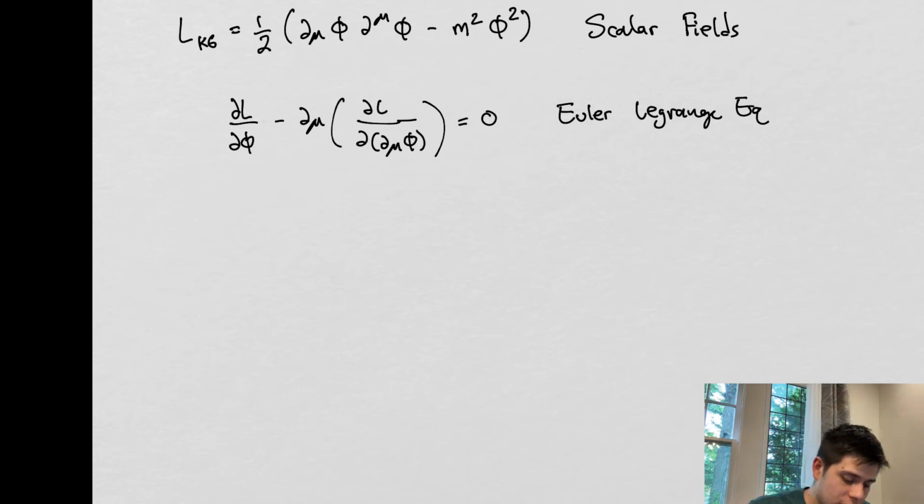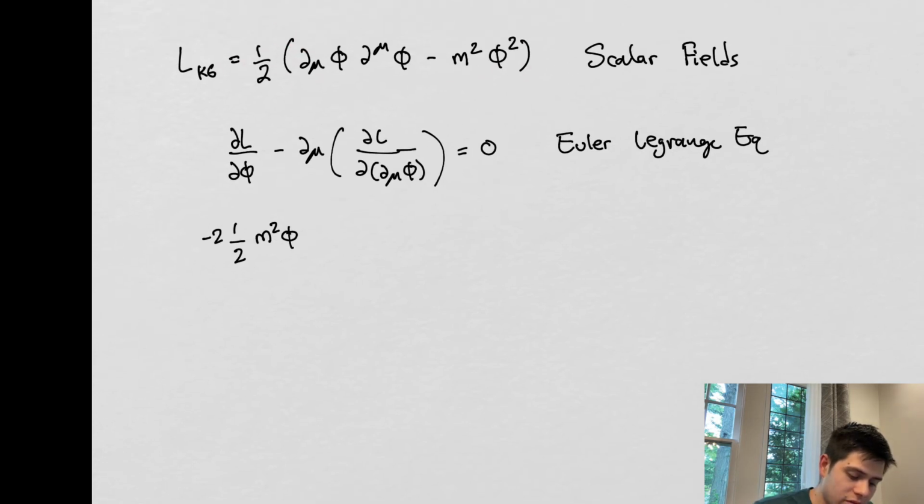So let's take the derivative of the Lagrangian with respect to phi. Right, so that's really just going to be minus 2 times 1/2 times m squared phi, because what we're doing here is we're really just taking the derivative of this right here, but the only thing that actually contributes to this derivative is this part right here, because these are derivatives.